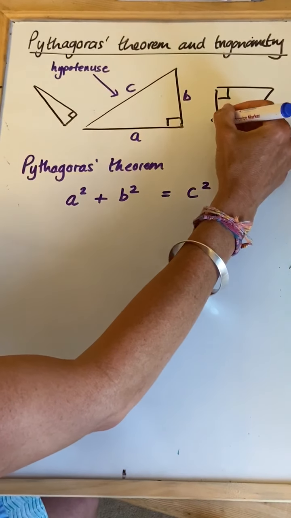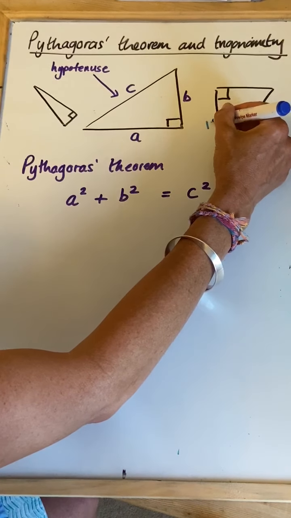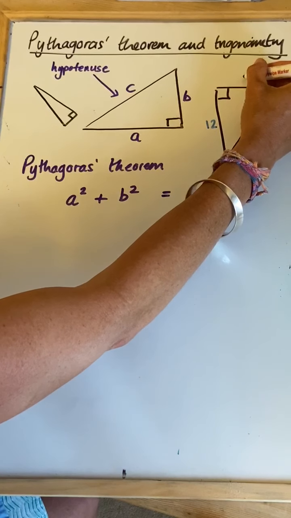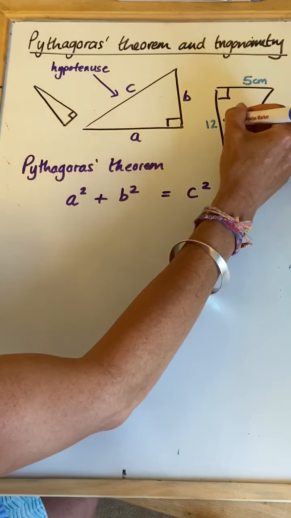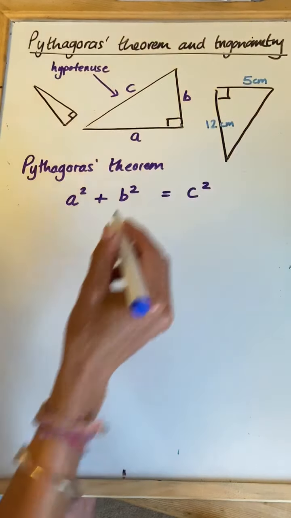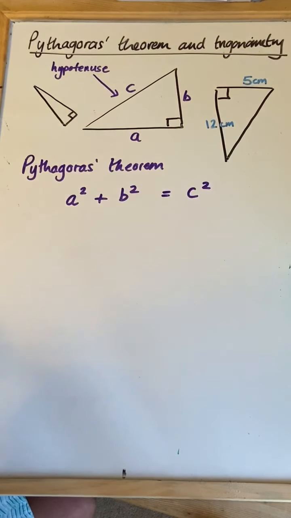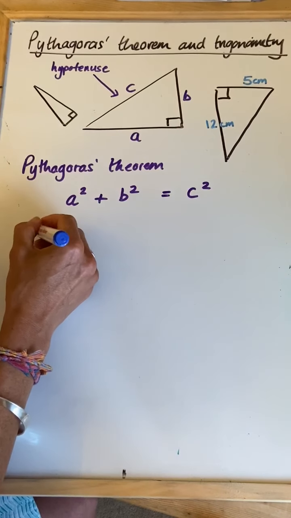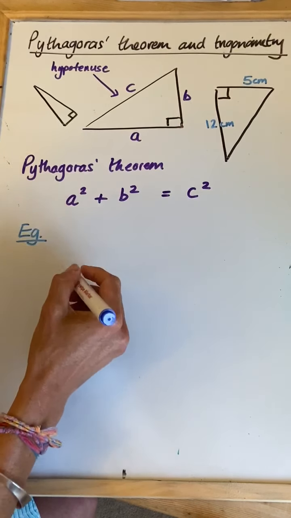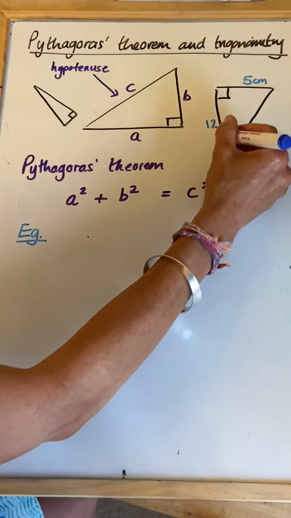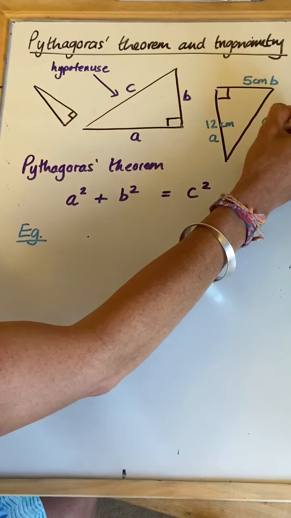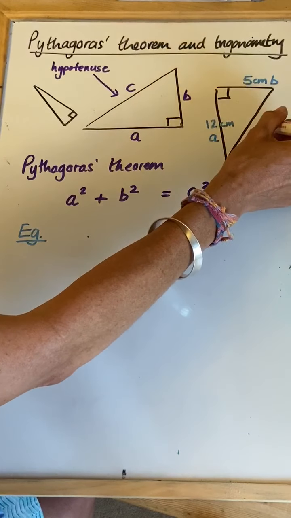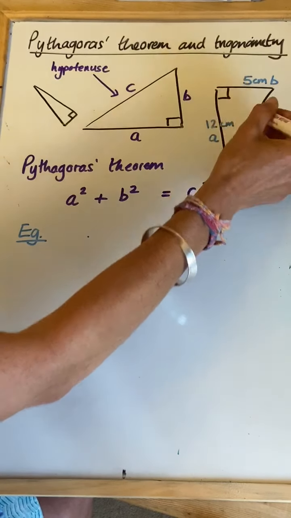I'm going to have a look at this one here. I'm going to say that side there is 12 and that side length there is 5, and they're in centimetres. So for our example here, following Pythagoras' theorem, if that's my A side, that's my B side, and that one is my longest side, my hypotenuse, opposite the right angle.